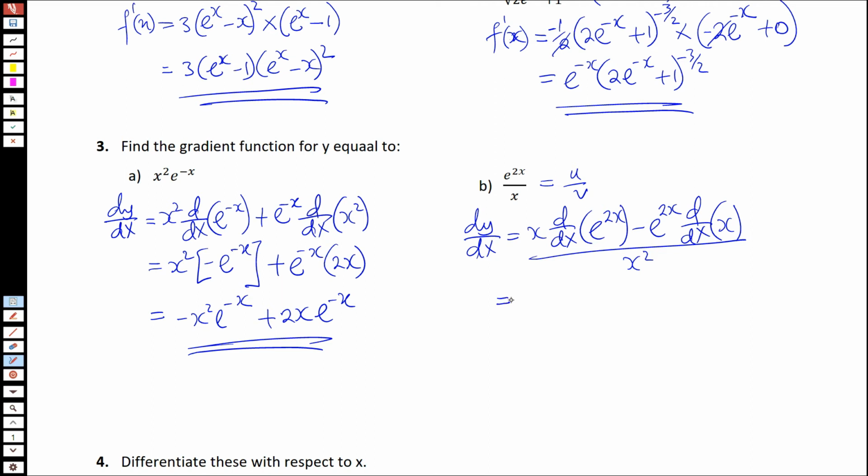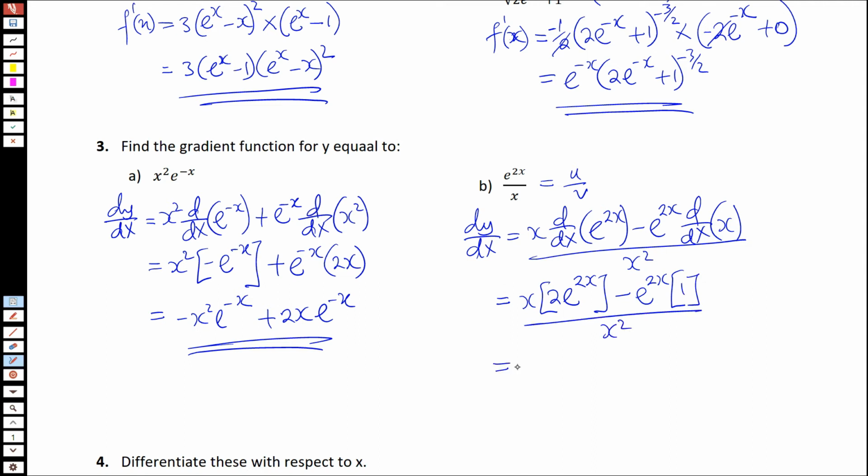And then if we simplify this, this will be x multiplied by, again here the derivative of 2x will be 2, and then you just have e to power 2x minus e to power 2x. Derivative of x is 1 over x squared.